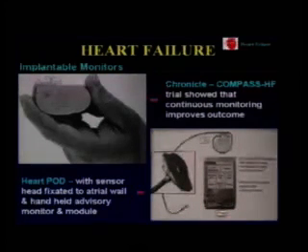The patient continuously monitors, and once a week the data from the house is sent to the center, where it is analyzed by the physician, who tries to adjust the dosages. About 275 patients have been enrolled in this trial, which is called the COMPASS trial.